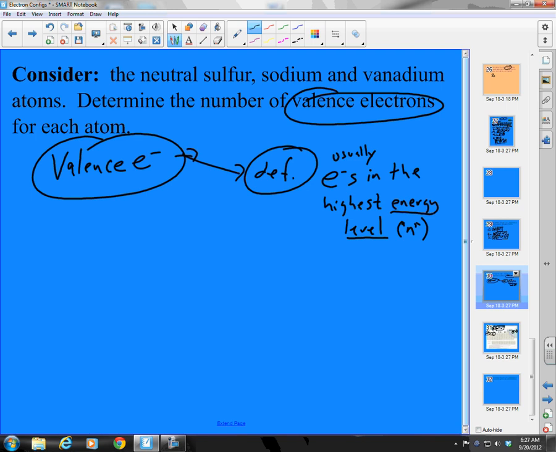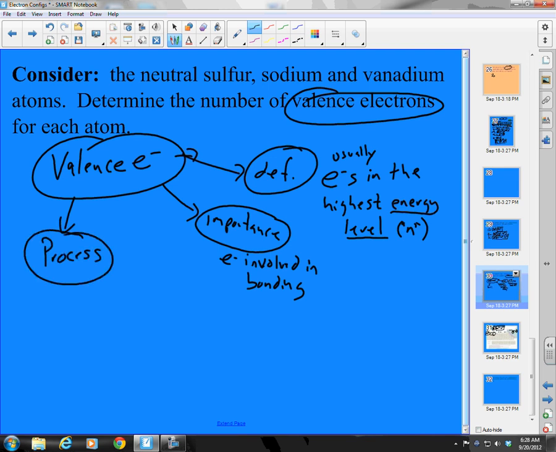Now, why are they important to us? Their importance is that they are the electrons usually involved in bonding. It's not your core electrons, it is the valence electrons that are involved in bonding. And then what's the process?